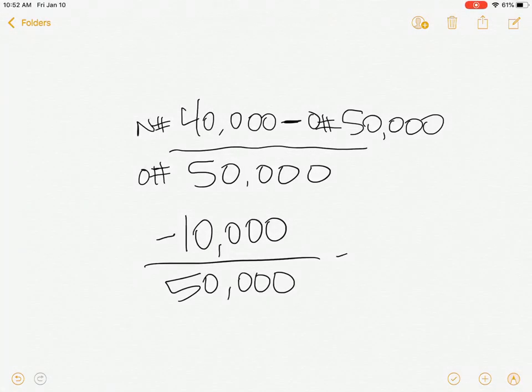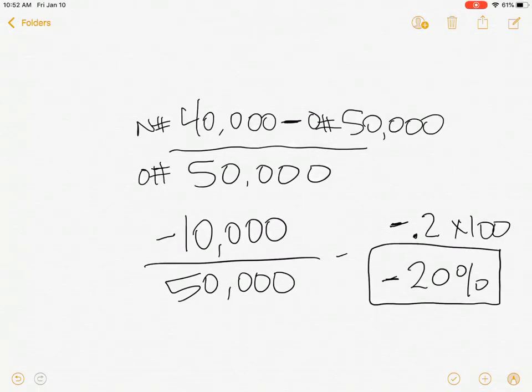And when we do that math, we get negative 0.2. So we're going to multiply that times 100. Now we've got negative 20%.